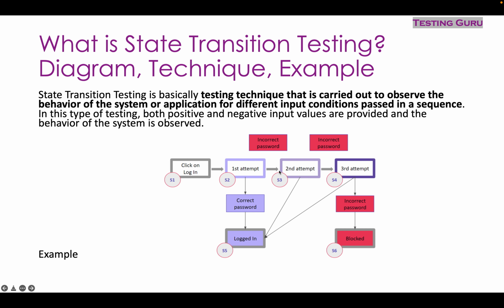So we go to the second attempt, and in this second attempt, if we give the user ID and password correctly, the user should be able to log in, and it goes to the home page after the login. And if at the second attempt the user also gives an incorrect user ID and password, it will go to the third attempt.